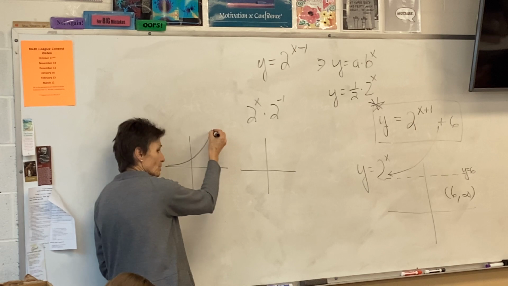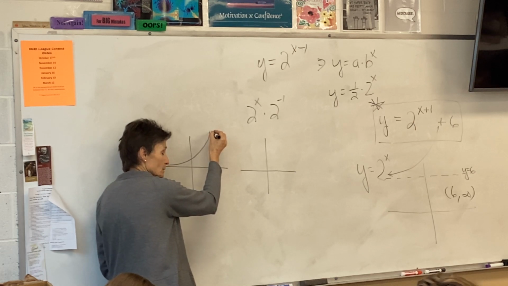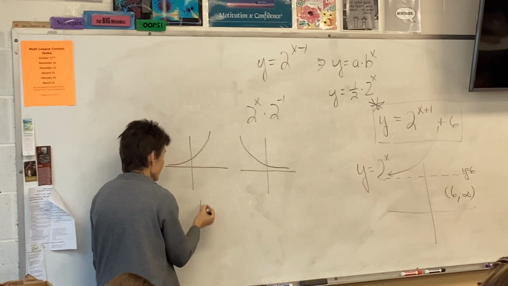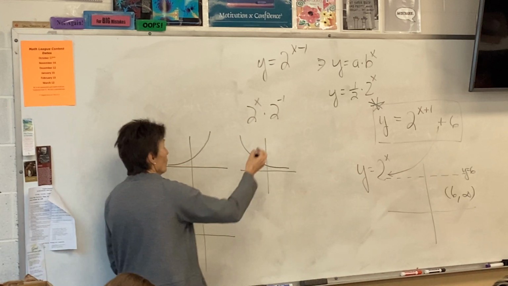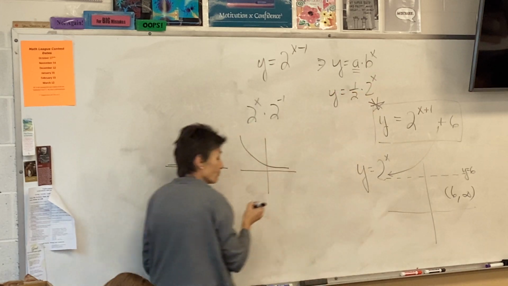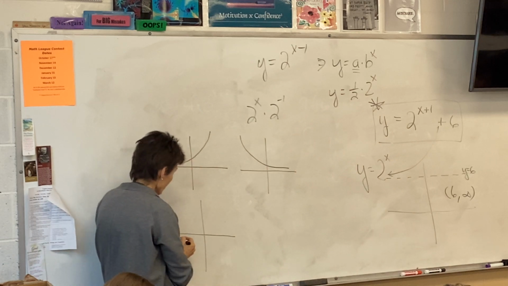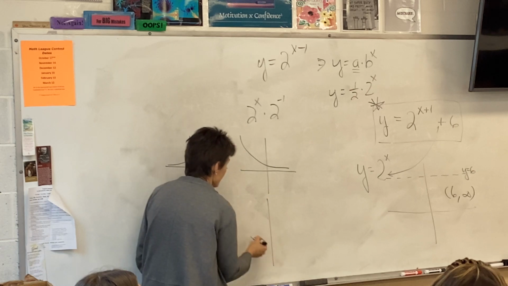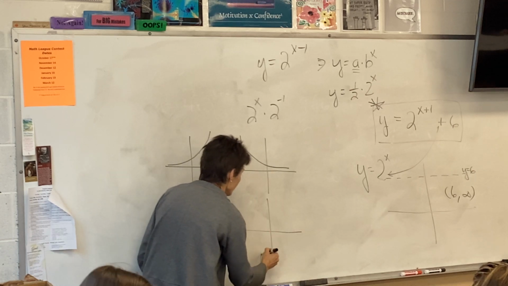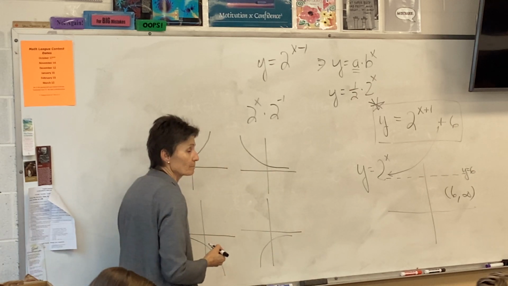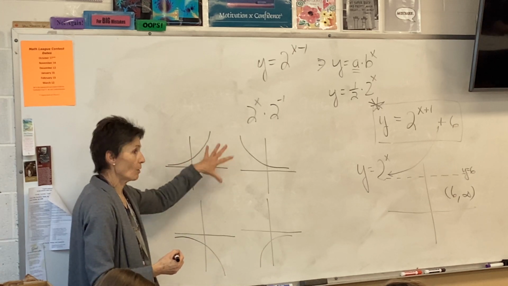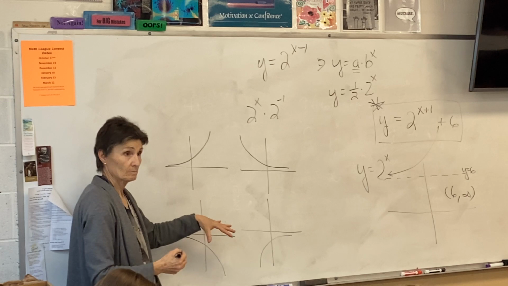You have this kind, which we call growth, and you have this kind, which we call decay. But you can also put a negative in front of them and tip them upside down. So that one would do that, and this one would do this. So really, those are your only 4 shapes.